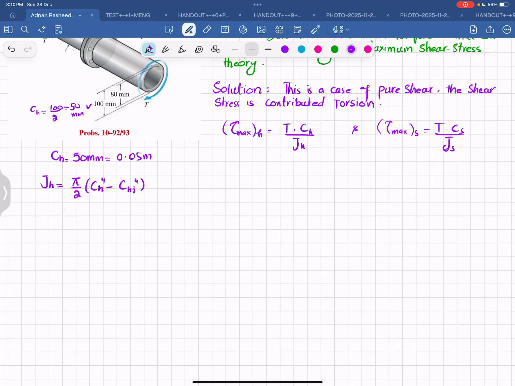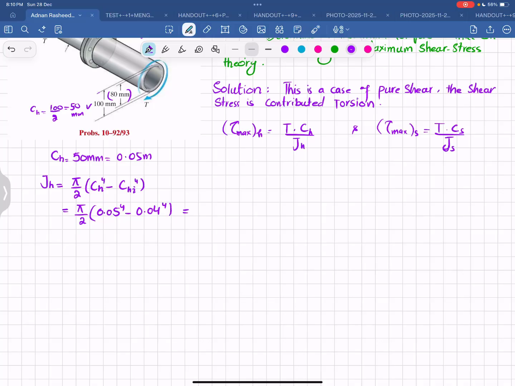So I will put the value: pi by 2, Ch, which is the outer radius, that is 50, and that is 0.05 power 4, minus C inner. The inner diameter is given as 80, so the radius C inner will be equal to 40, and 40 in meters is 0.04 power 4. And you can calculate that.